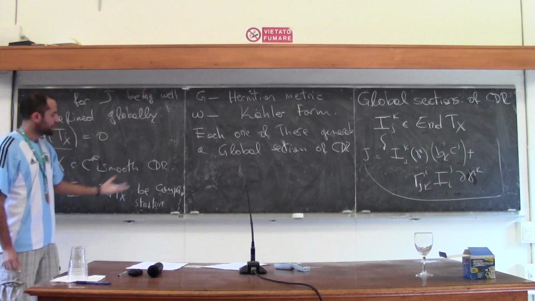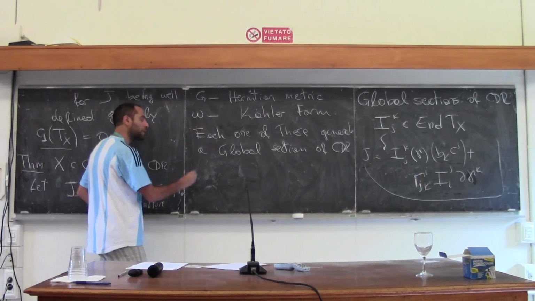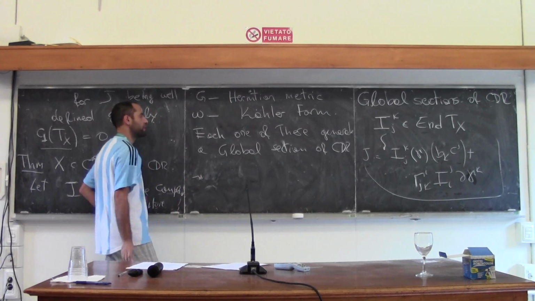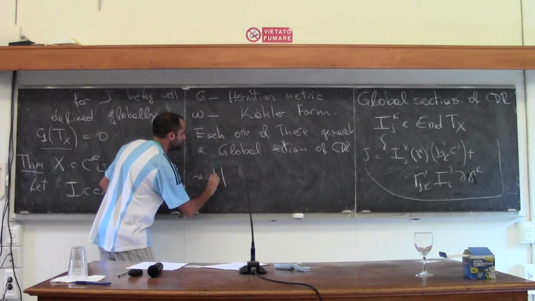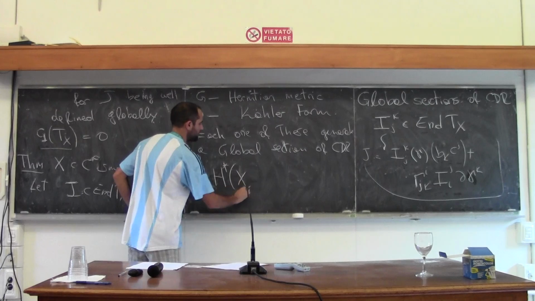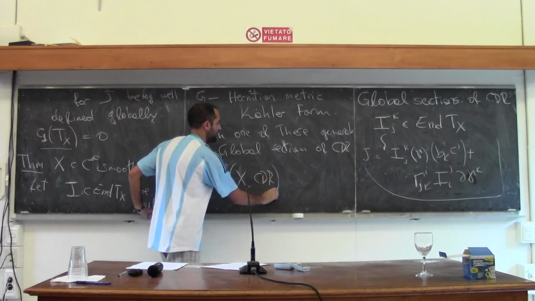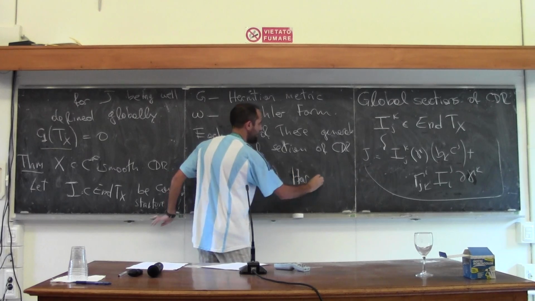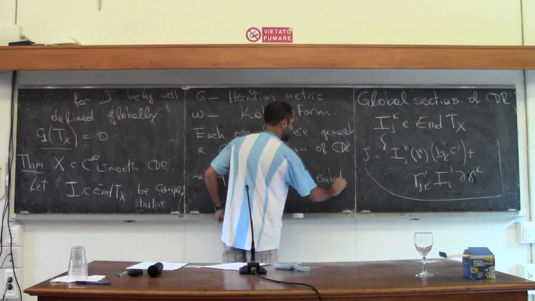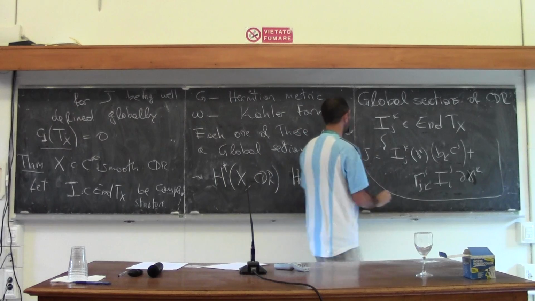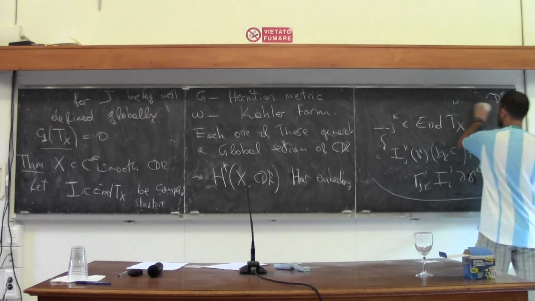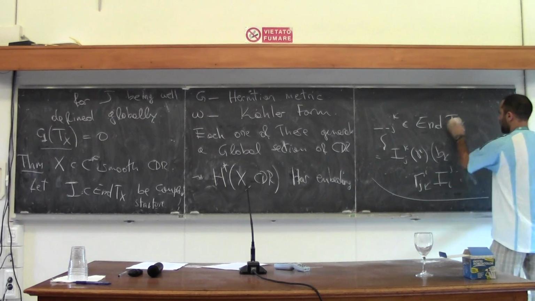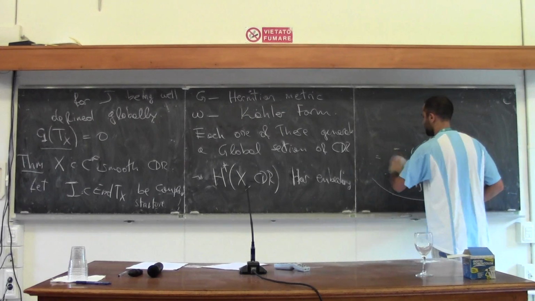So if you start with these three things, then you can construct global sections of the complex, and theorem, the vertex algebra of X, CDR, has, so these two sections has an embedding of two different Virasoros, two commuting Virasoros. Exactly what you would want in physics.